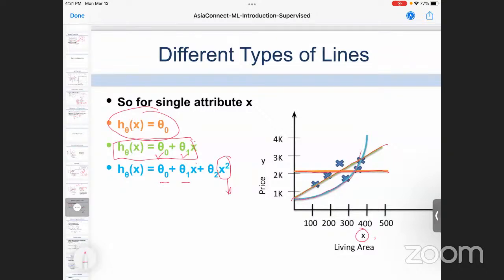This is another hypothesis set. If you choose this, the hypothesis set will be different. But currently, we are assuming that we are considering this straight line as our hypothesis set.